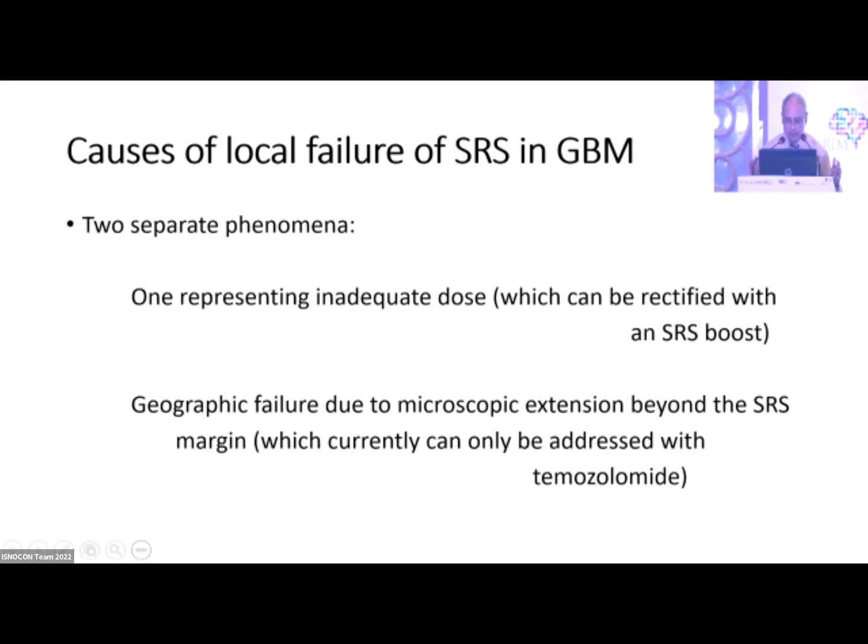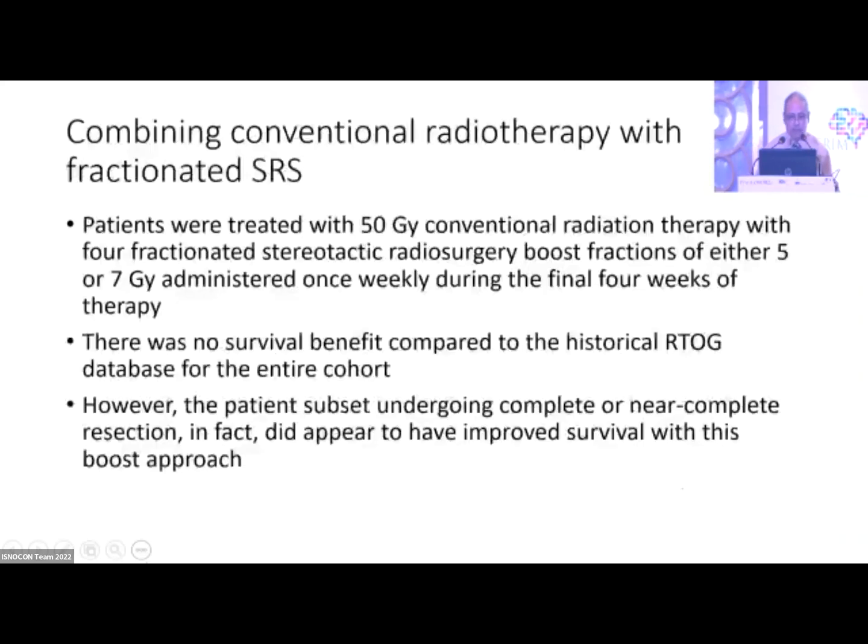You have not gone to the boundary in GBM. And yet, if you're giving SRS, that's a problem. So they combined SRS with conventional radiotherapy. They gave 50 days of conventional radiation therapy with 4 fractionated stereotactic radiosurgery sessions once a week, and there was no survival benefit.